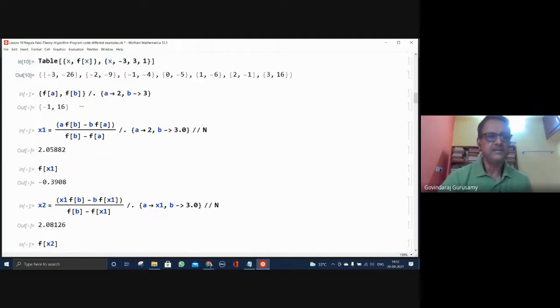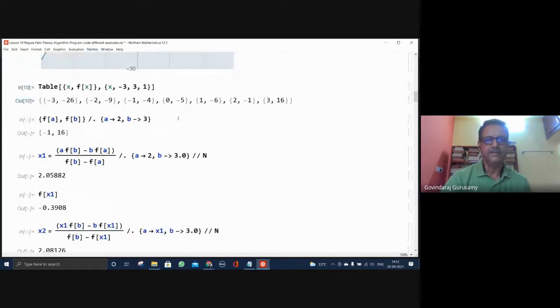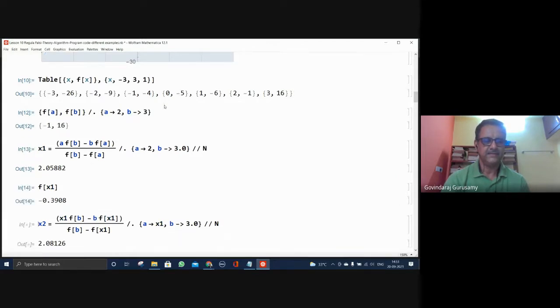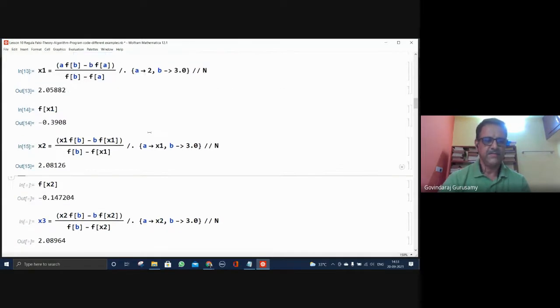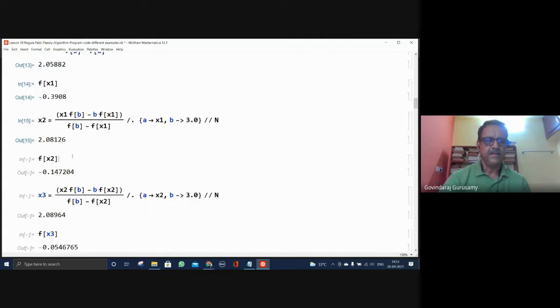So we will try to check one more time every one of them. This is the f of A, f of B. X1 has been found. F of X1 is this. X2 has been found now. What does it mean? We are moving towards the crossing line where y goes to 0. You can see this is the value of y, f of x2, that's getting reduced now.